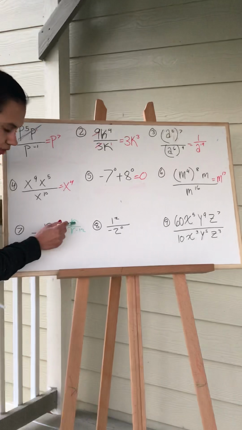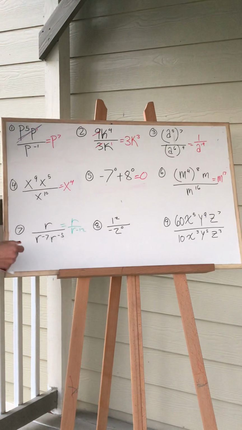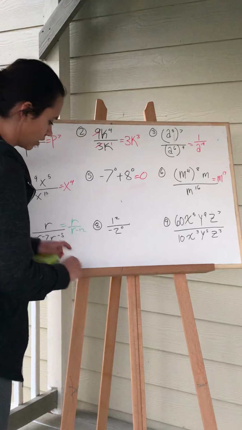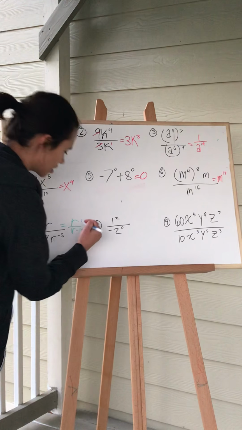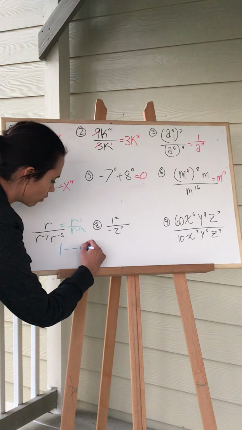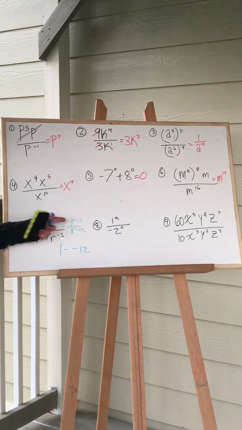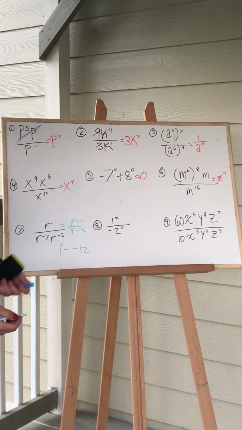Now remember, don't forget this. This is an imaginary 1 that we have to do something with, right? There's an imaginary 1 there. What do we have to do? We have to use our quotient rule now to subtract, okay? So we have 1, and let me write this big, 1 minus negative 12. Not just 1 minus 12. You'll get negative 11.